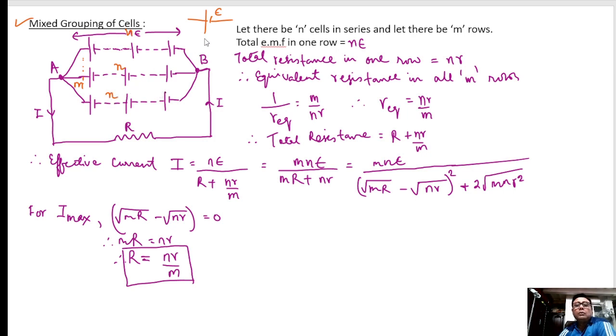So in one row, what is the total EMF? nE. And what is the total internal resistance in one row? nr. So it is nE in one row, nE in the second row, nE in the third row, in this way nE up to the mth row.